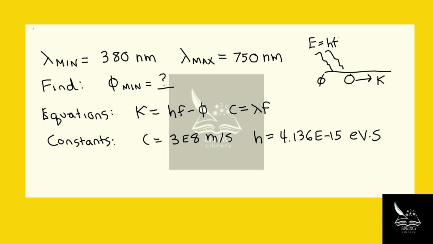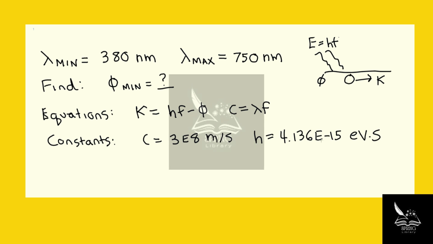Now, we're not actually given any frequencies in this problem, so we need to actually determine a wavelength of this light given its frequency. So we can use this second relationship, c equals lambda f. And we're going to need two constants in this problem. We're going to need the speed of light, which is approximately 3 times 10 to the 8 meters per second.